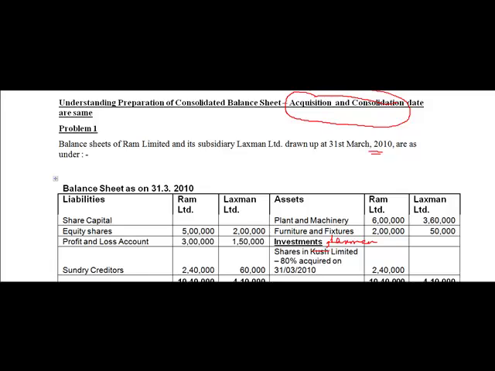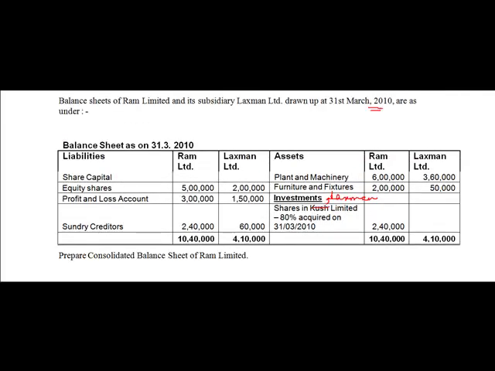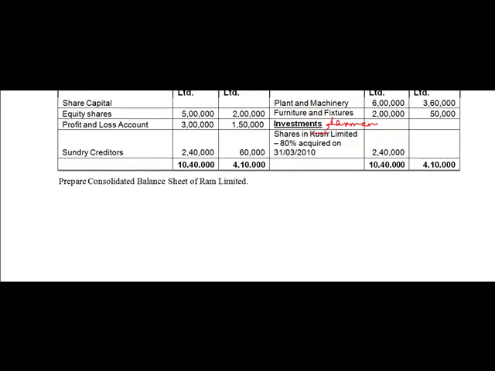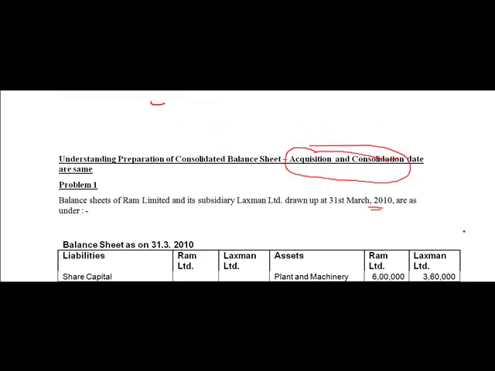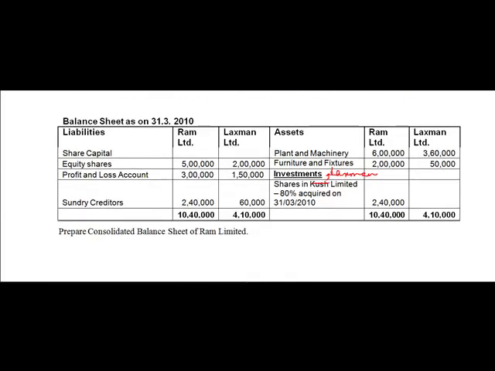So when I prepare my consolidated financial statement, I have to account for it in the financial statement. The question which is given to me is prepare a consolidated balance sheet of Ram Limited. Okay. So let us see how we prepare this consolidated balance sheet. The best way to attempt these questions on consolidated balance sheets is to move on a line by line basis.